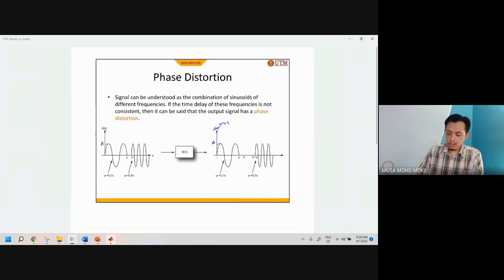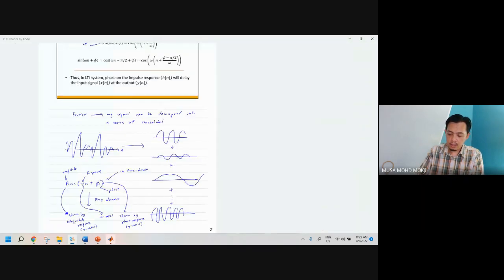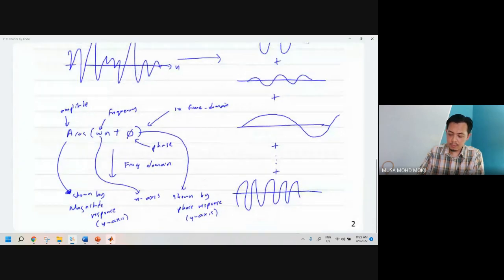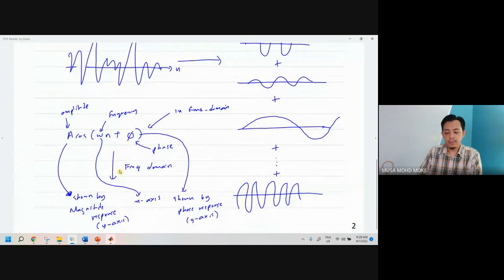So if we look back at this concept, the magnitude affects the amplitude. With magnitude, we are looking at what will be the effect on the amplitude. With phase, we are going to look at the effect in the time domain, a delay, right?